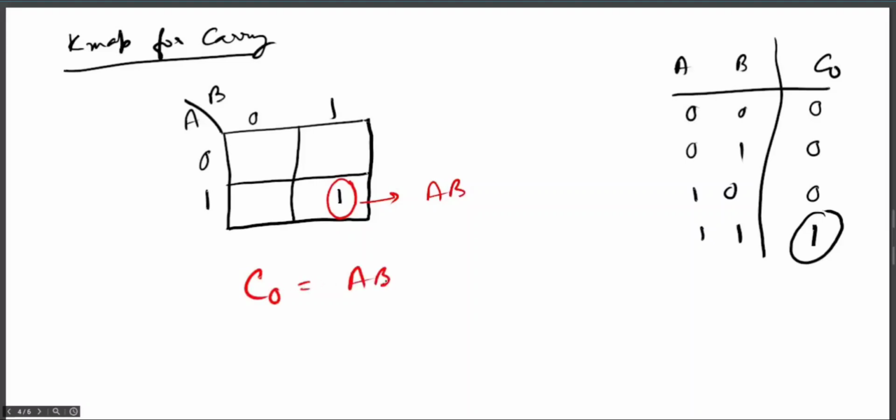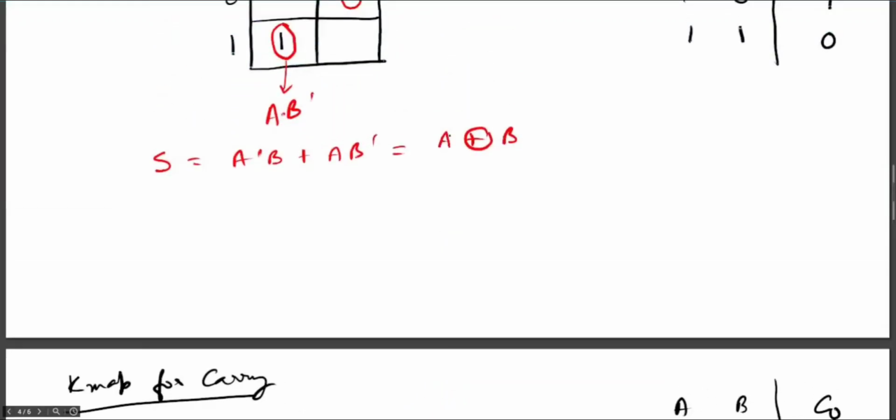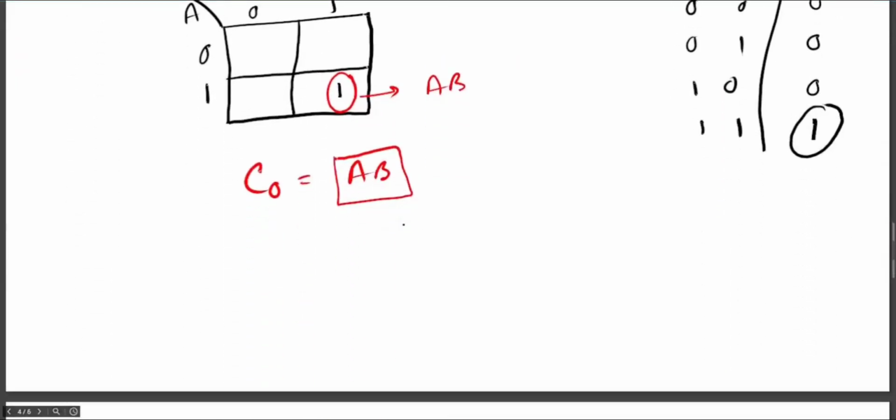So finally, we have 2 expressions. For sum, we have the expression A XOR B, and for carry we have the expression AB. Using these two logic expressions, we can now define the internal circuitry of the half adder circuit using the knowledge of basic gates. So for that, we will first take, how many inputs are there? There are two inputs.